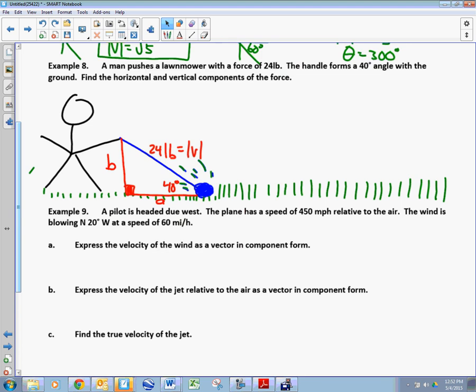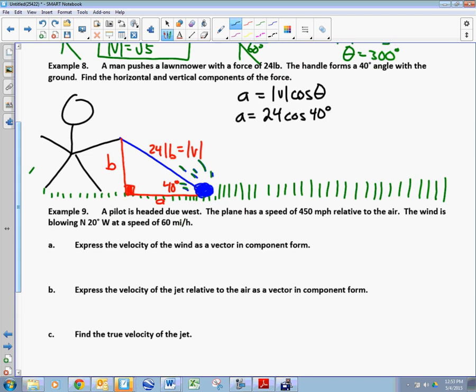Okay? And so what we do is we simply set up the component pieces. A is equal to the absolute value of the vector times the cosine of the angle. So A is equal to the magnitude of the vector, 24, times the cosine of 40 degrees. Is there an exact value for cosine of 40?